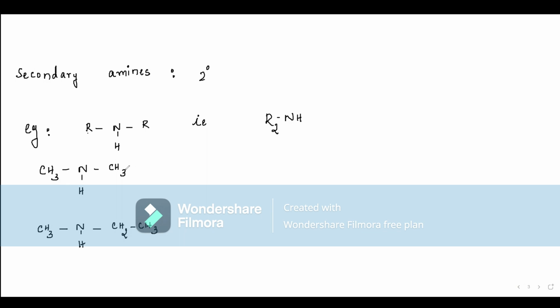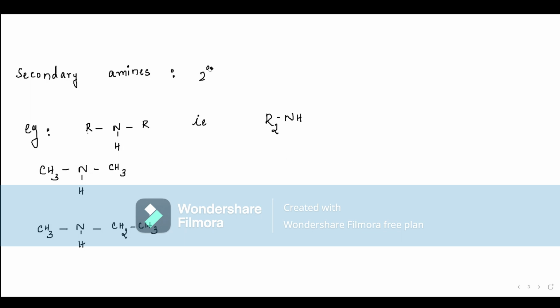Two CH3 groups are there on either side of NH. Now, in the IUPAC system, point number 1 is look whether it is NH2, NH, or just N. So this is NH. Once you identify that, look for the longest carbon chain alongside that NH. Fortunately, here both carbon chains are identical.